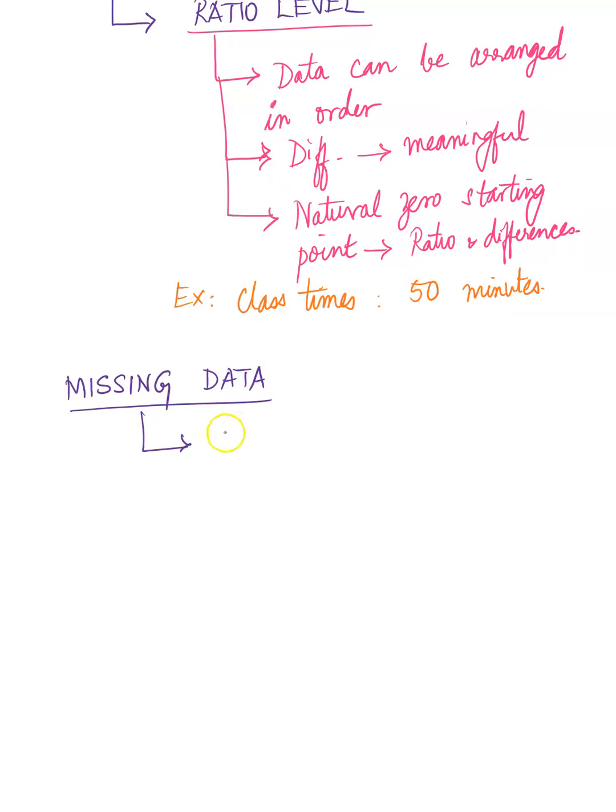you could have data missing at random. What this would mean is that the likelihood of that data missing is independent of its value or other values in the data set.